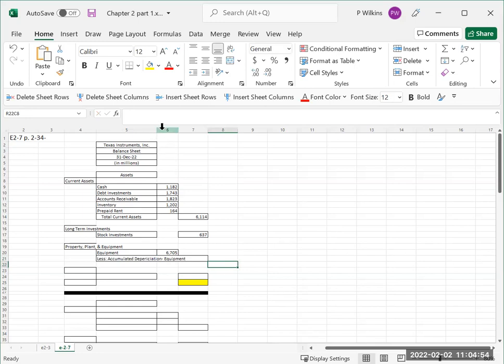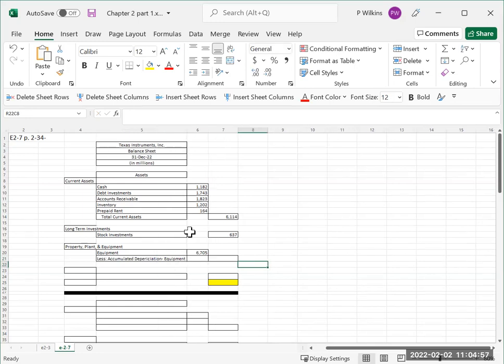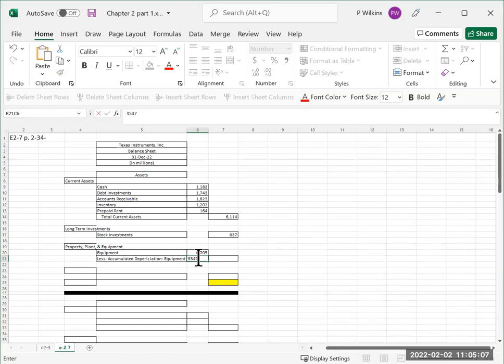I need to make that area a little bit bigger, because it's too small. The accumulated depreciation equipment is 3,547. So now we're going to subtract the 3,547 from the 6,705, and that's going to give us 3,158. That's called the book value. So the book value of the asset is $3,158.